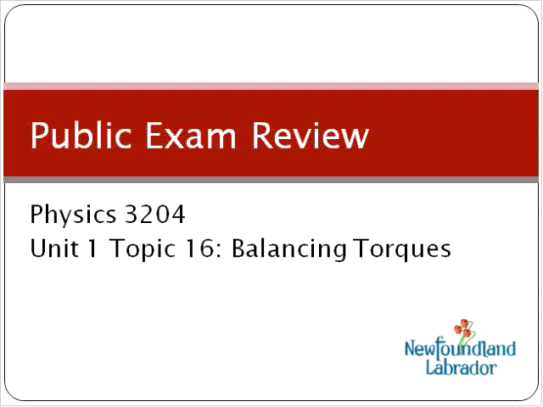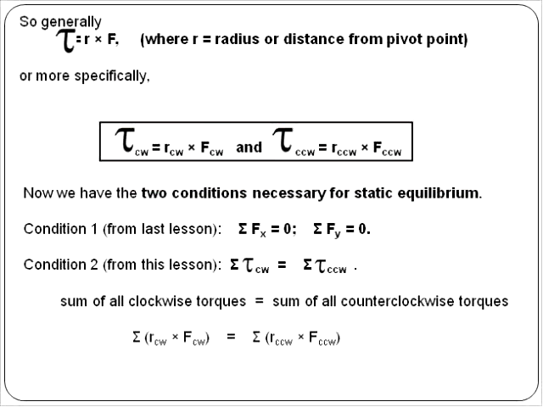So very quickly, let's take a look at the whole idea of torque again. The formula for torque is R times F, distance times force. R is the radius, or distance from the pivot point, and F is the force being exerted on the object to try and make it turn.